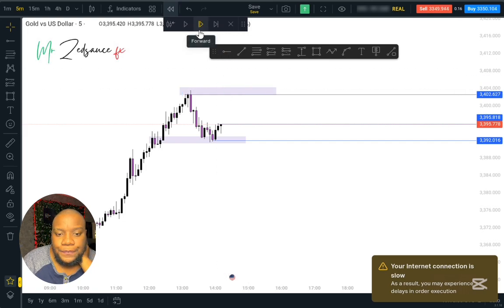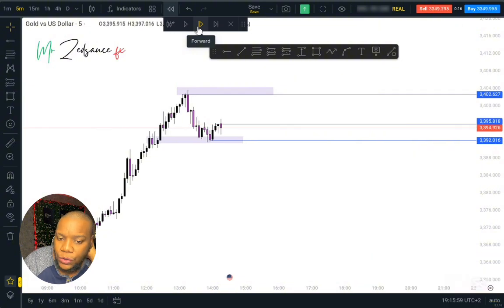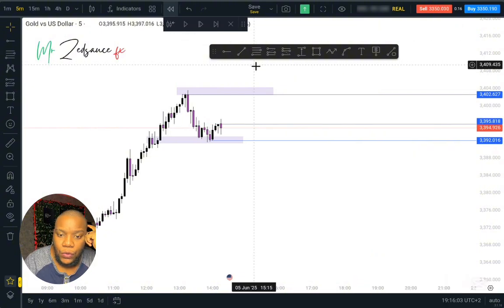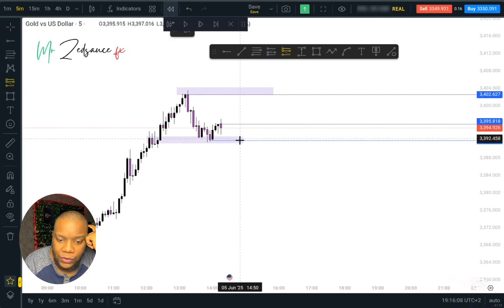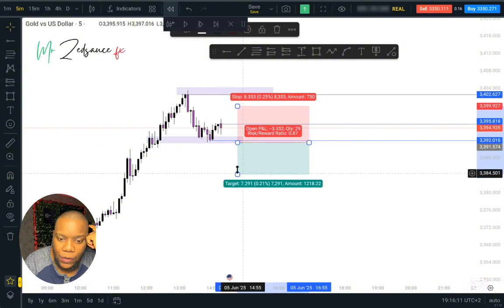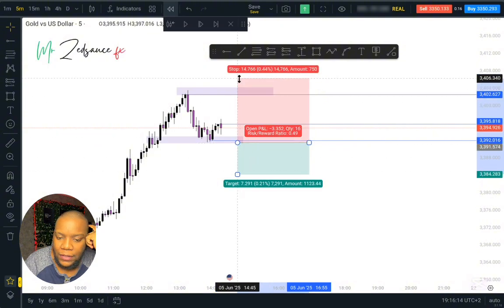When we do the next candle, you can put either a sell stop or a buy stop depending on what you want. The sell stop you can put somewhere below your zone here, with your stop loss above this area of interest.